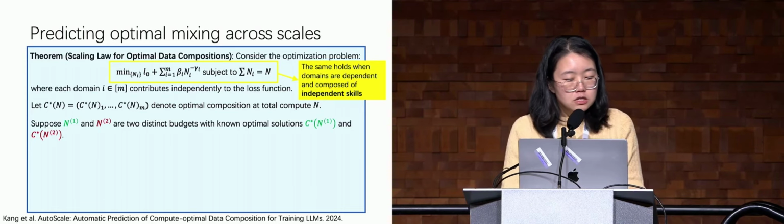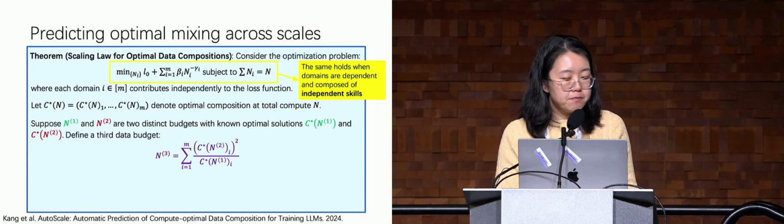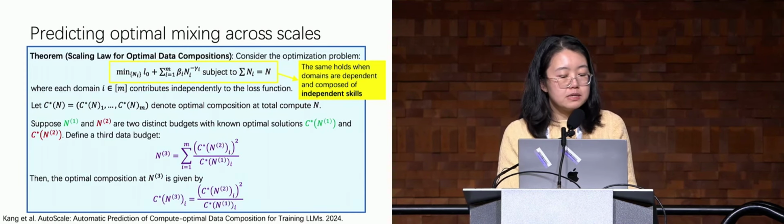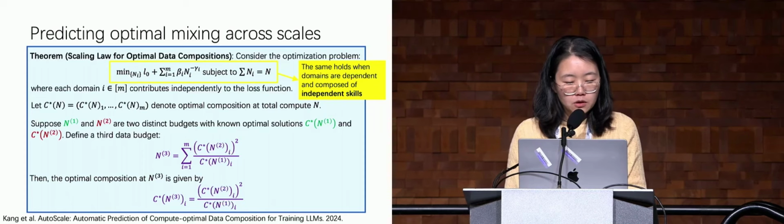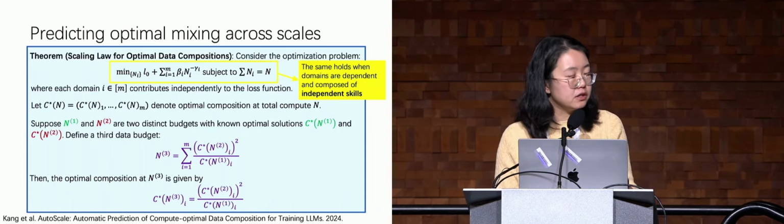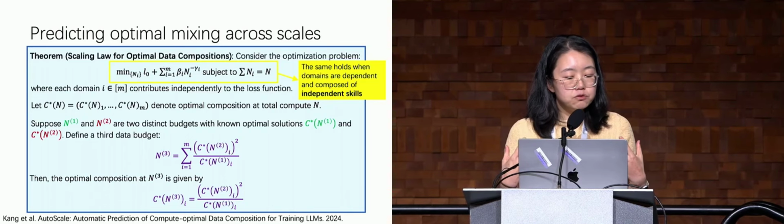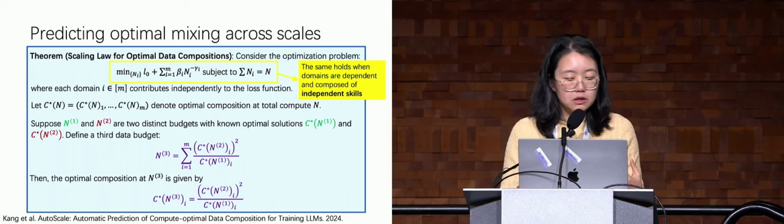All right, so next I'm going to define a notation, which is called C star of n. Remember, n is our total budget. C star of n represents the optimal allocation for each domain for that budget. So it will be a length m vector if you have m domains. Let's suppose that now we have two budgets for which we already know the optimal allocation.